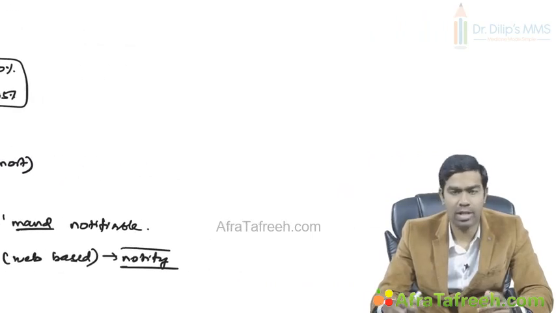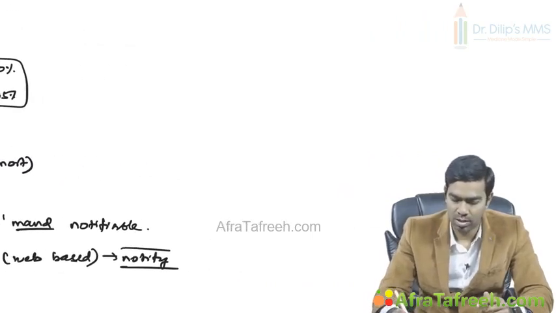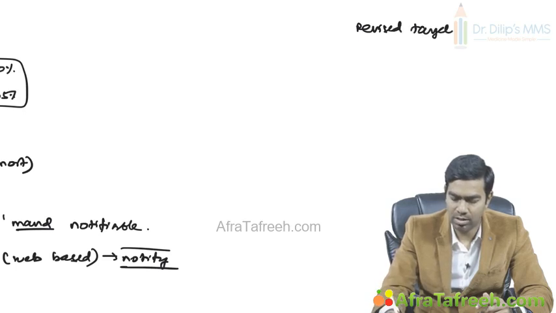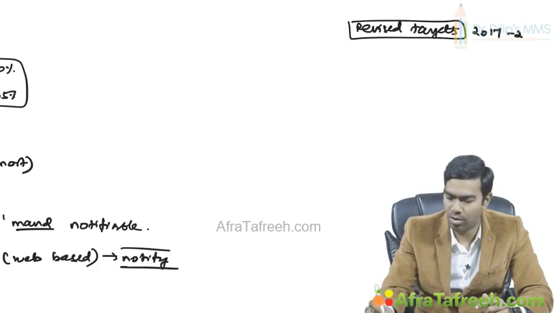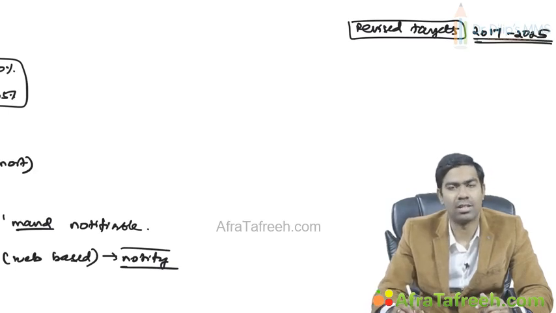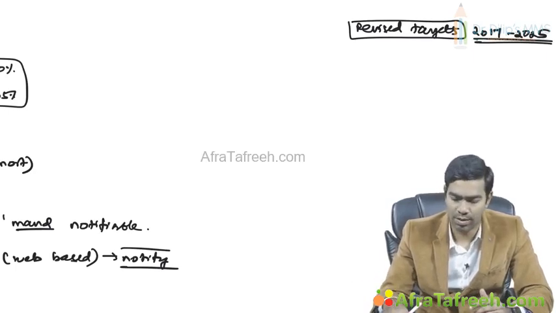But what are the strategies we made in 2017? We are going to see the revised targets. These are the revised targets in 2017, and this is the plan for 2017 to 2025. This is the next national strategic plan, 2017 to 2025.